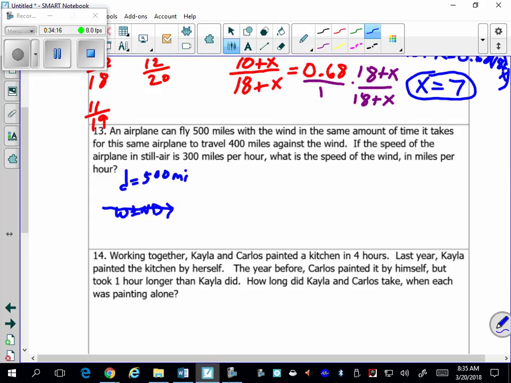So if I'm going against the wind, that's if it flies to the left, and this is if it flies to the right. So that's with the wind, against the wind. And if the speed of the airplane in still air is 300 miles per hour, so the speed equals 300 miles an hour.